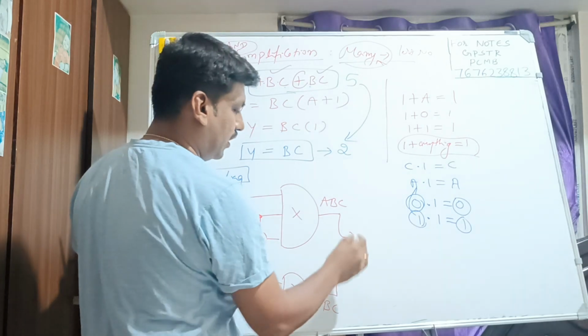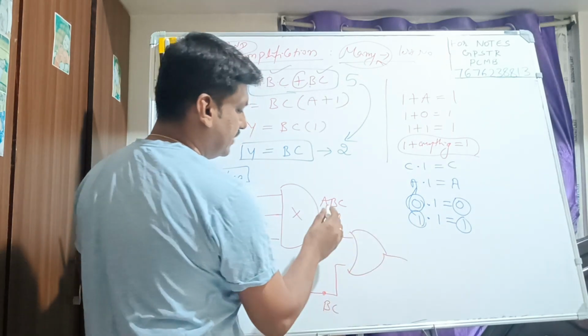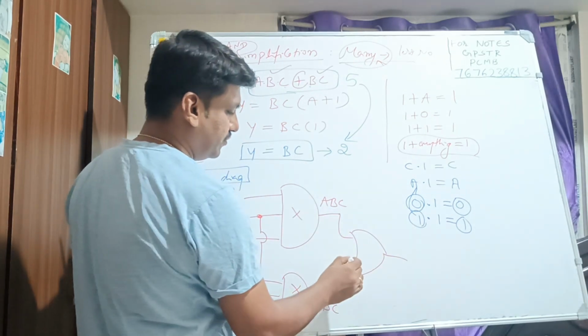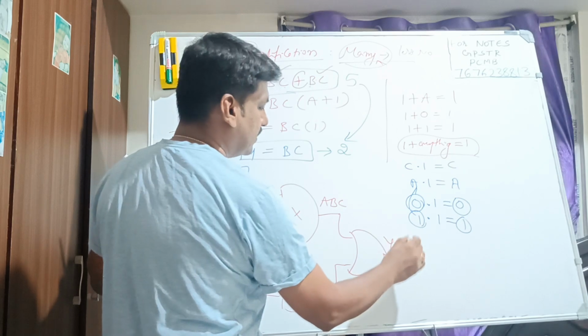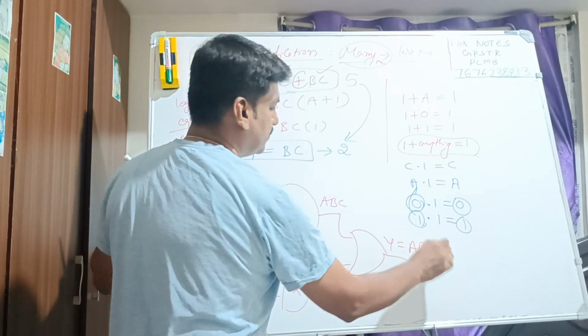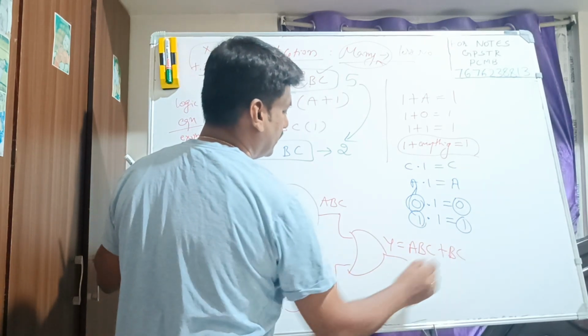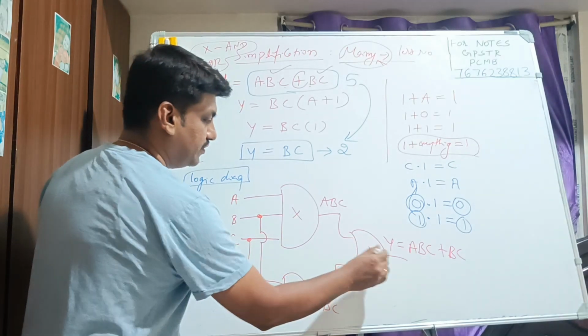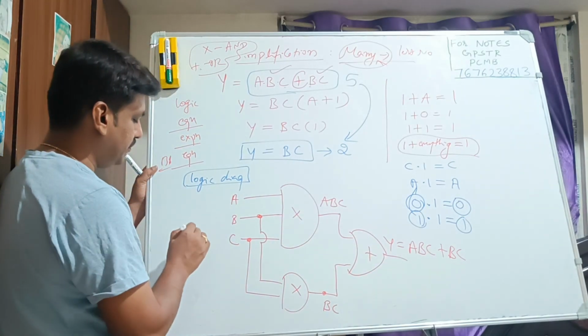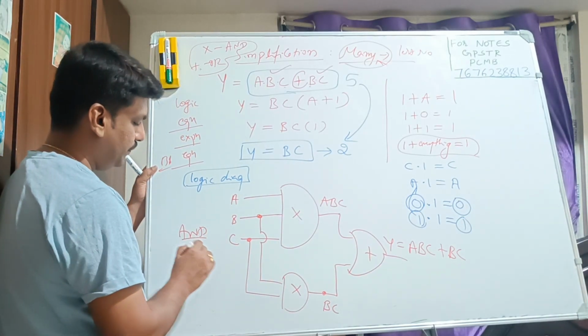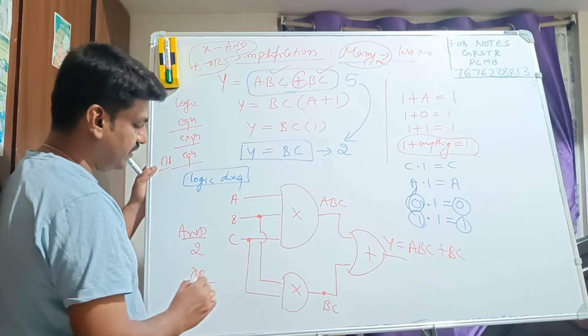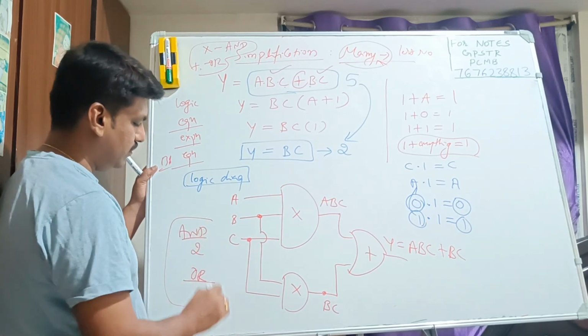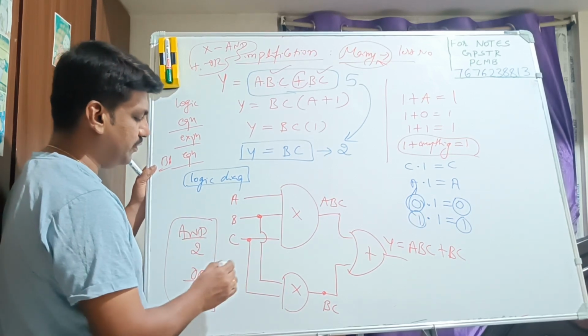So use an OR gate between ABC and BC to get Y = ABC + BC. How many AND gates have we used? 2. How many OR gates? 1. So in total 3 gates.